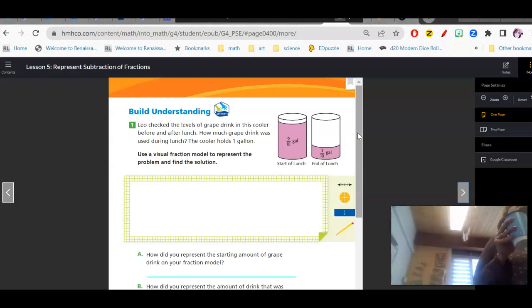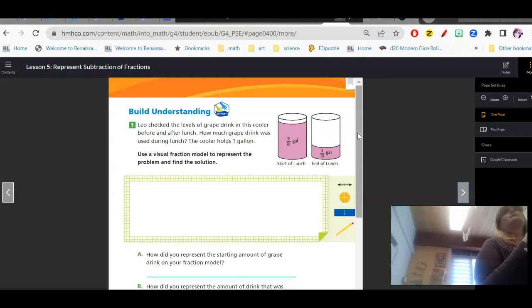So it's showing us that the bigger one, the one that has more in it, has 9/10 of a gallon. That was the start of lunch, right? And then the second one, at the end of lunch, there was only 3/10 of a gallon left. So they want us to use a visual fraction model to represent the problem and find the solution.